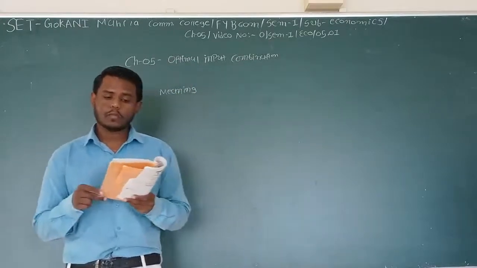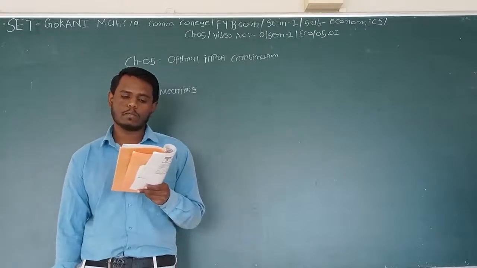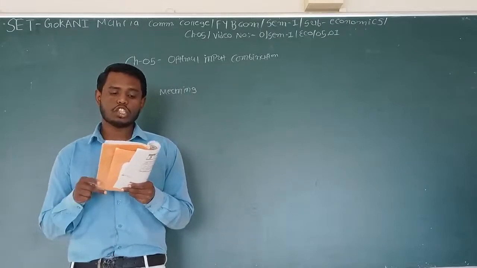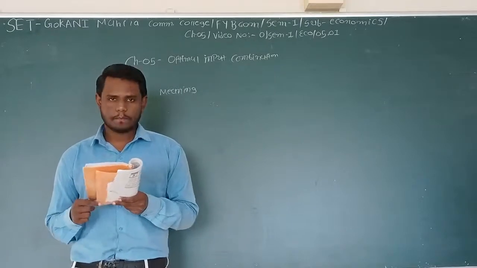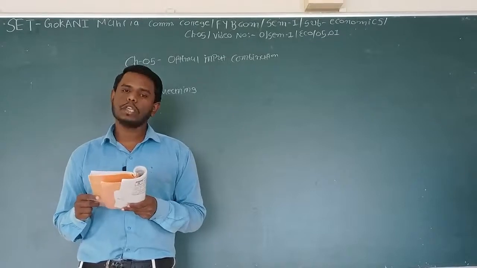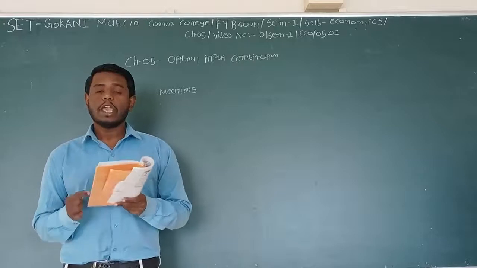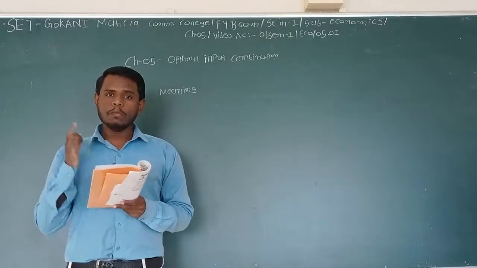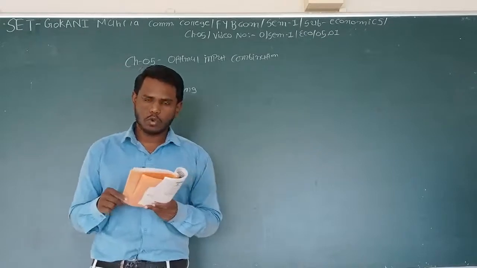When different input combinations are made for production at the least cost, it is called the least cost combination. When you make different combinations of the inputs available to you at the minimum cost you can afford, this is called the least cost combination.